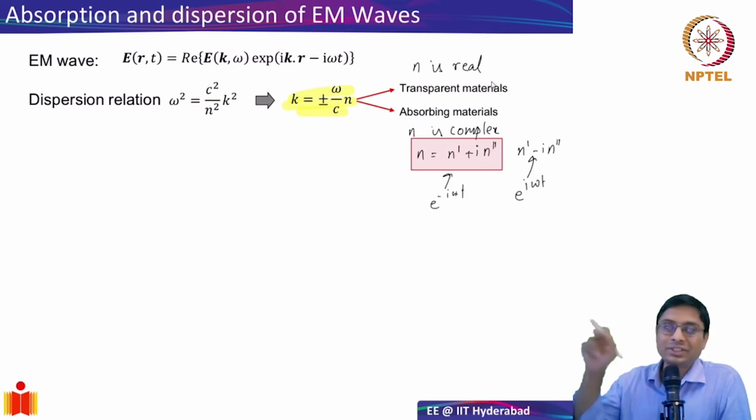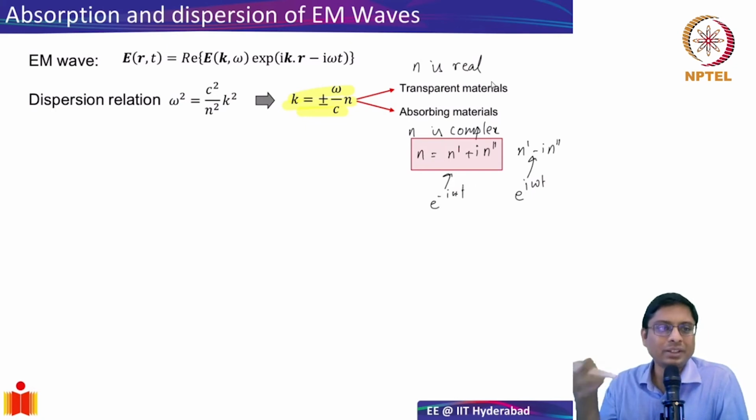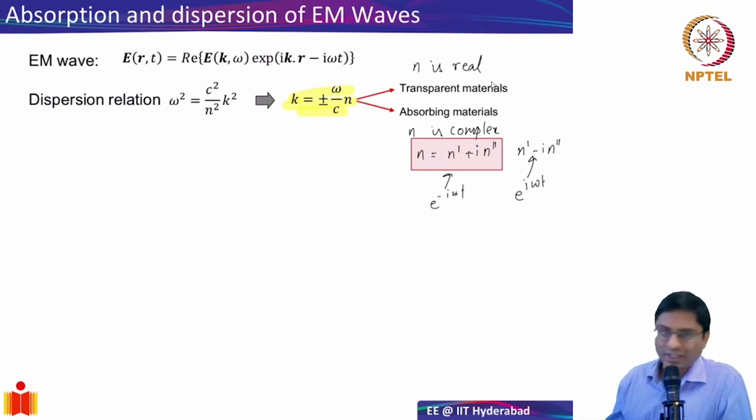Depending on the sign notation you have taken, you have to choose. In our course we'll simply use the plus sign all the time. So what is the implication of having the refractive index complex?